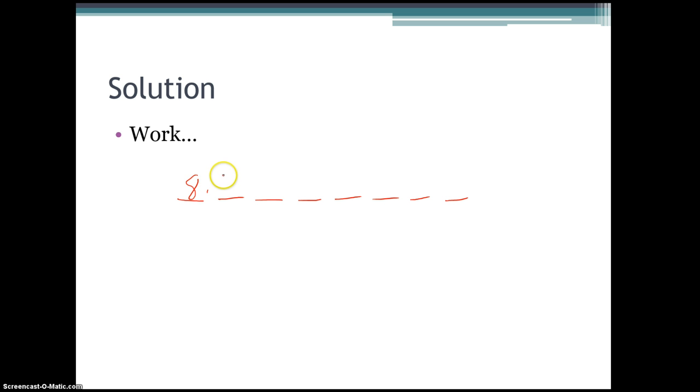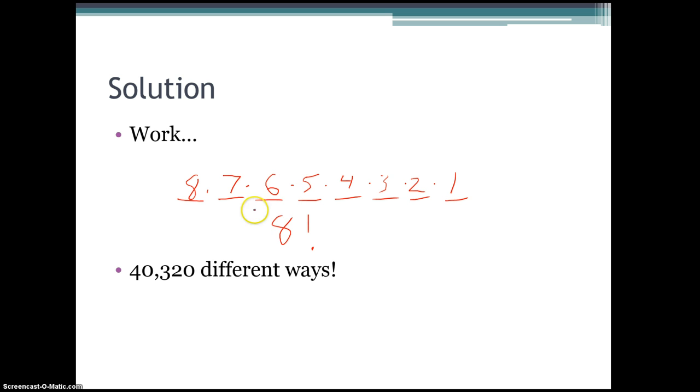How many are left? 7. Then there would be 6 left, 5, 4, 3, 2, 1, or what we would call 8 factorial. There's 8 factorial ways to sit them in those seats. Just with 8 people sitting in a row, there are over 40,000 different ways to seat them.